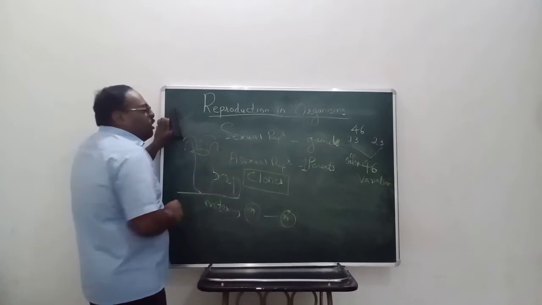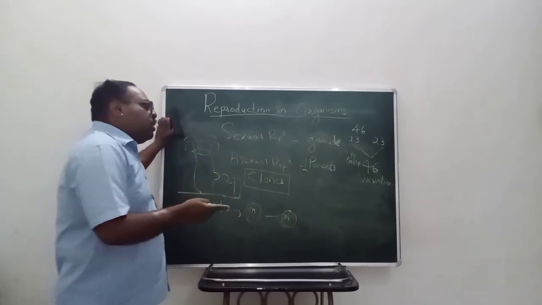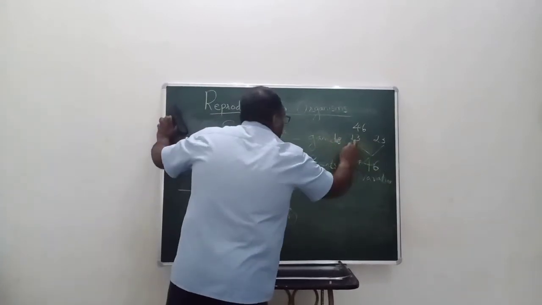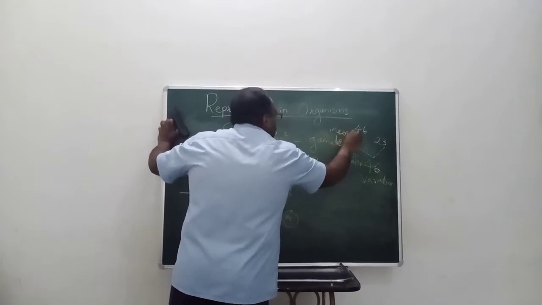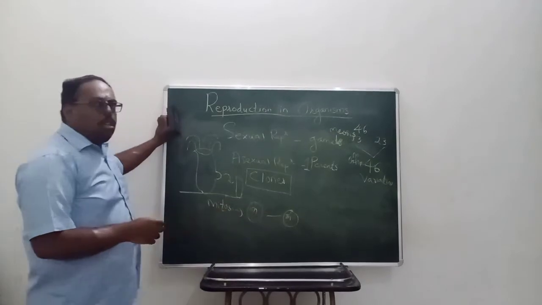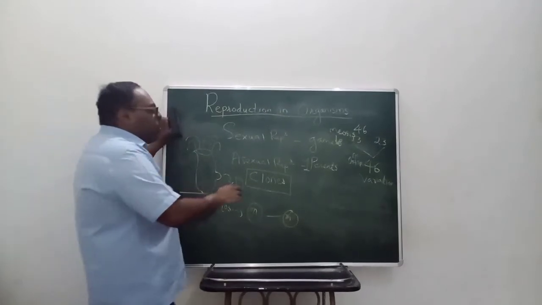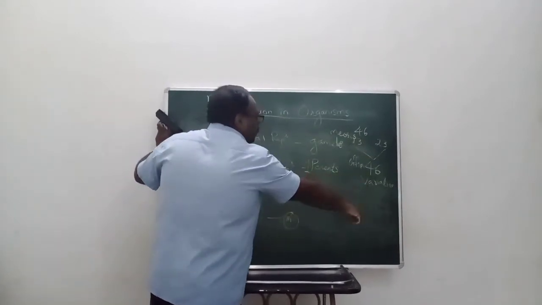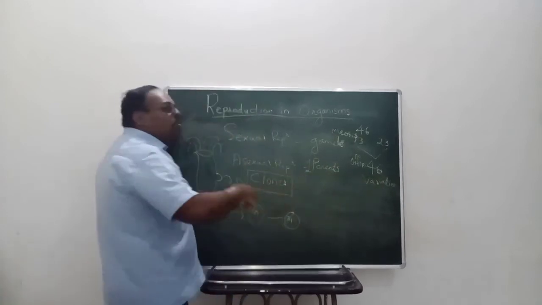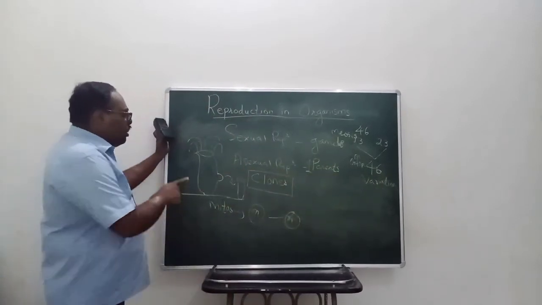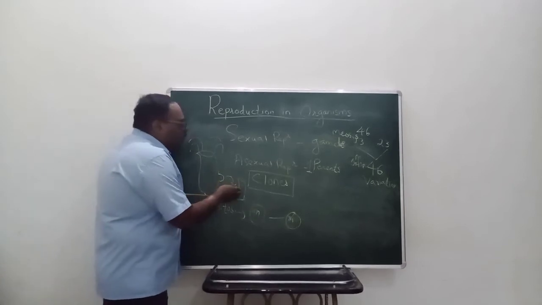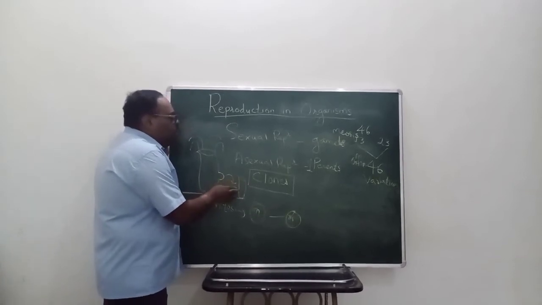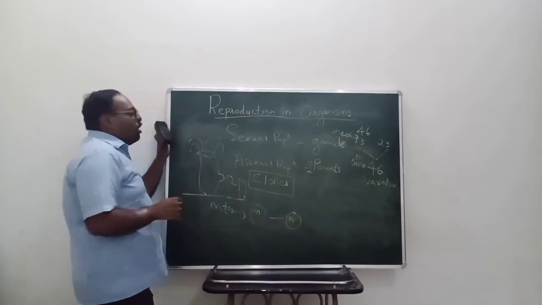And in sexual reproduction, the 23 and 23 are formed by the process known as meiosis. So the mixing of the chromosomes here brings variation, which is very good for the survival of the species. Here, if the parent has any problem, the chance of survival of the offspring will reduce.